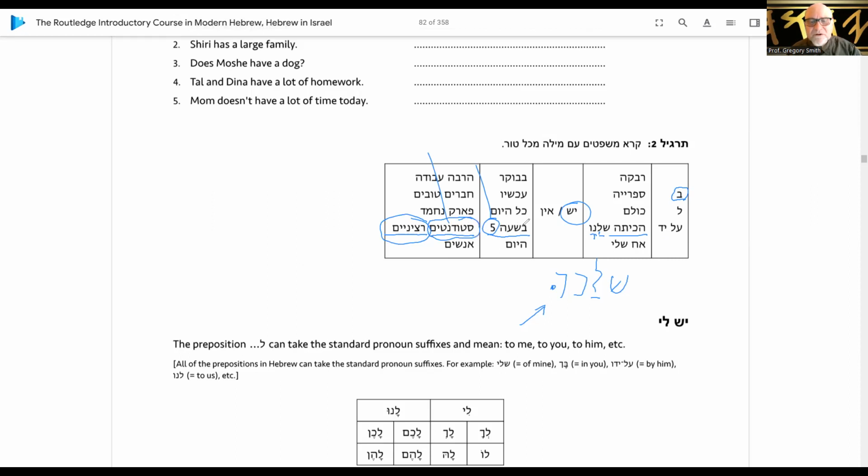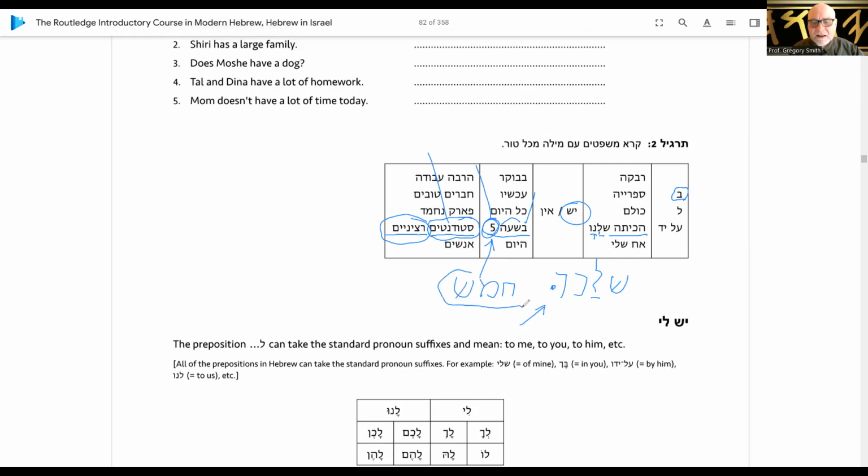So we have basha'a, at 5 o'clock. Sha'a is the hour. 5 o'clock would be hamesh. There we go, 5. I don't know why they put this in English, but really they should just put het, mem, and then shin.